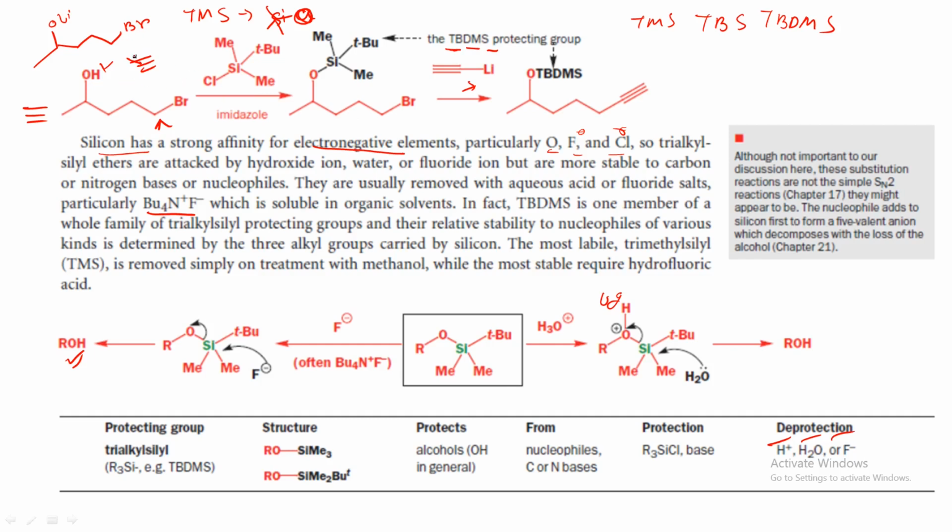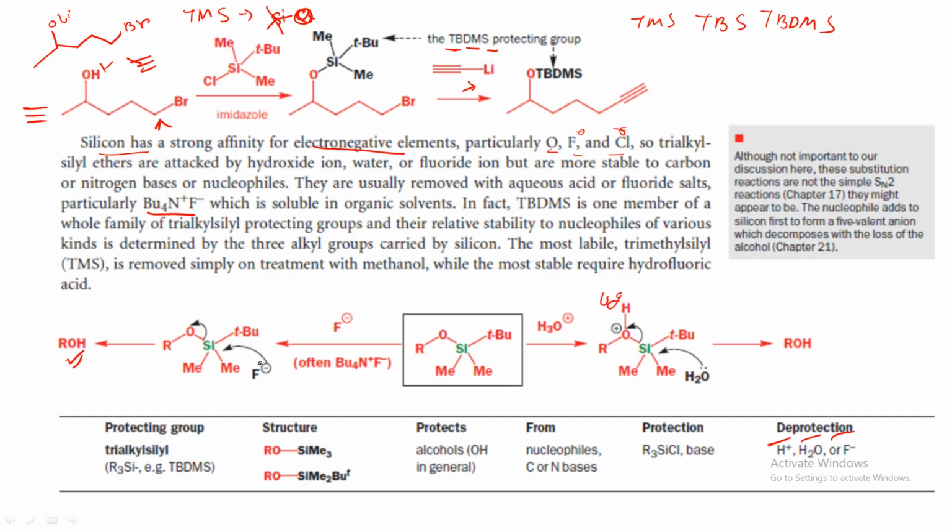They can be made easily because of this tendency to form the oxygen silicon bond, and also they can be easily broken with F minus or fluorides. This kind of butyl ammonium fluoride, an F minus source, is used to deprotect.